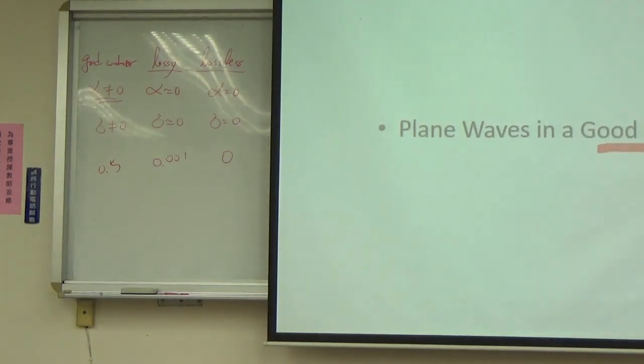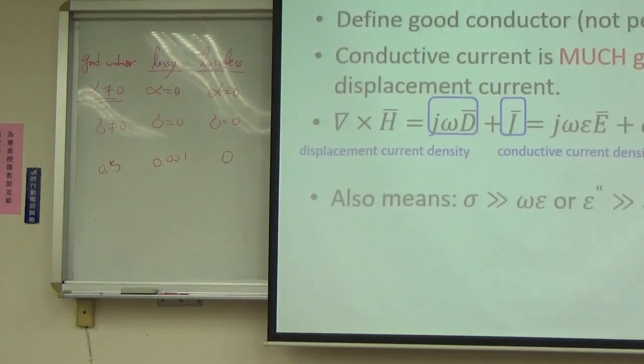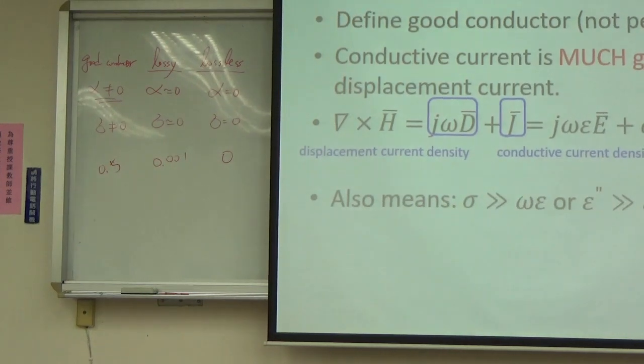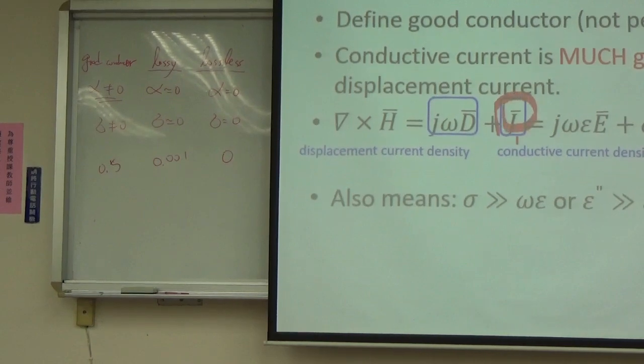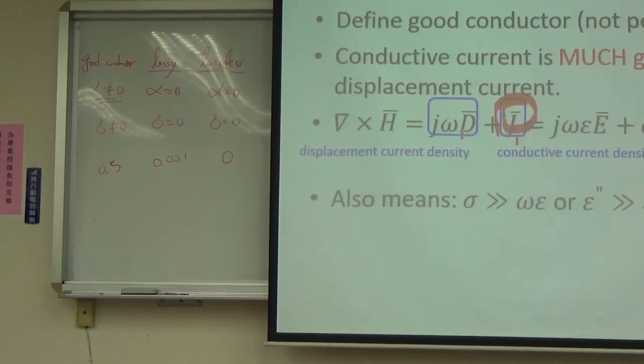So what happened here? Is that a good conductor? What is a good conductor? The definition of a good conductor means your J is larger than J omega D. This term is larger than this one.